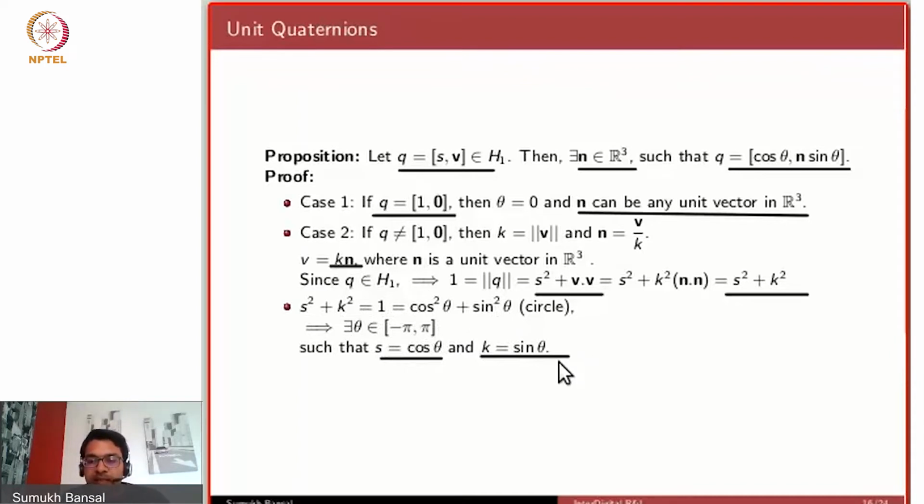This concludes the proof for this proposition: any given unit quaternion can be represented in the form of cos theta and sin theta.